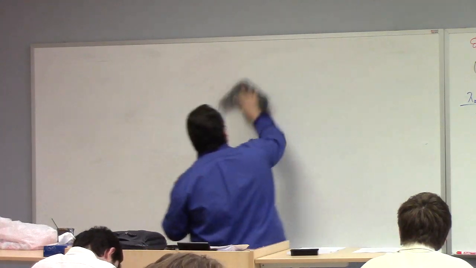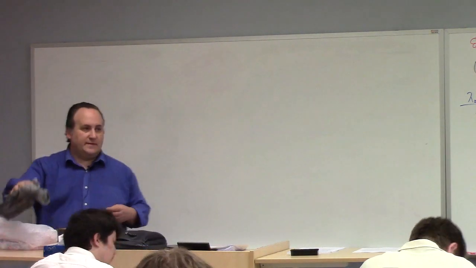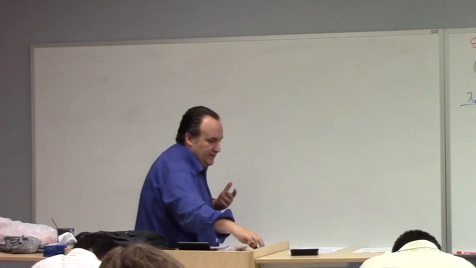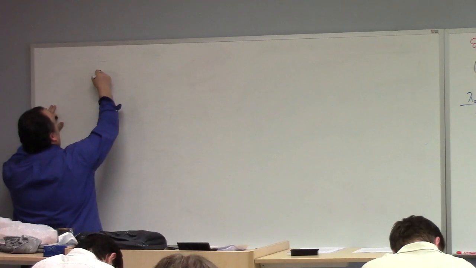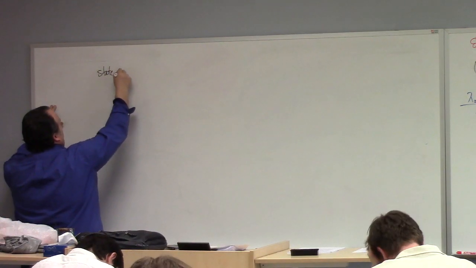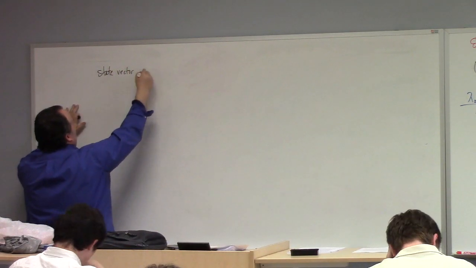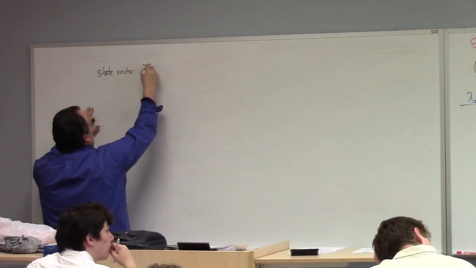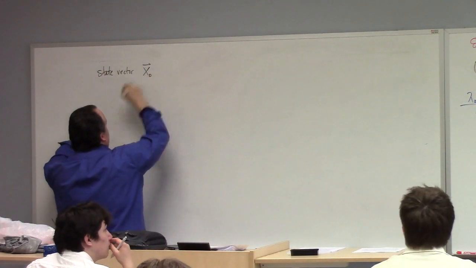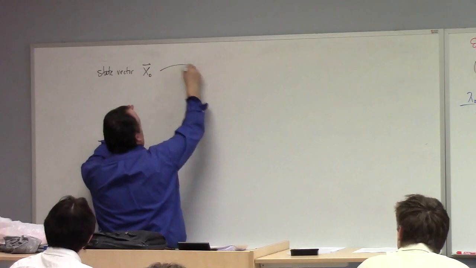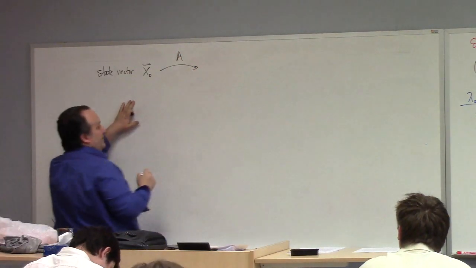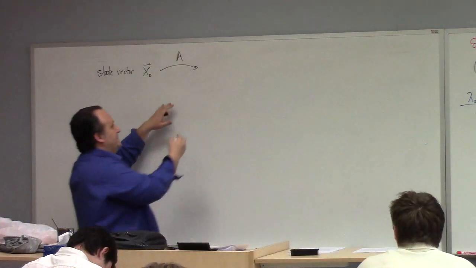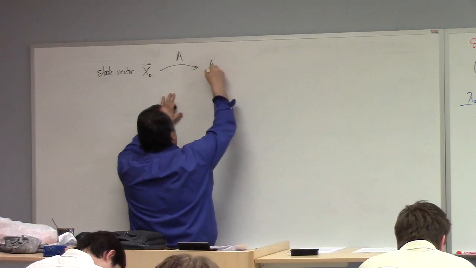The other problem, besides just a differential equation, that we can think about is one where we have a state vector. We could call that x sub 0. And then we've got some physical system that we can describe by A, and that gets us A times x sub 0.